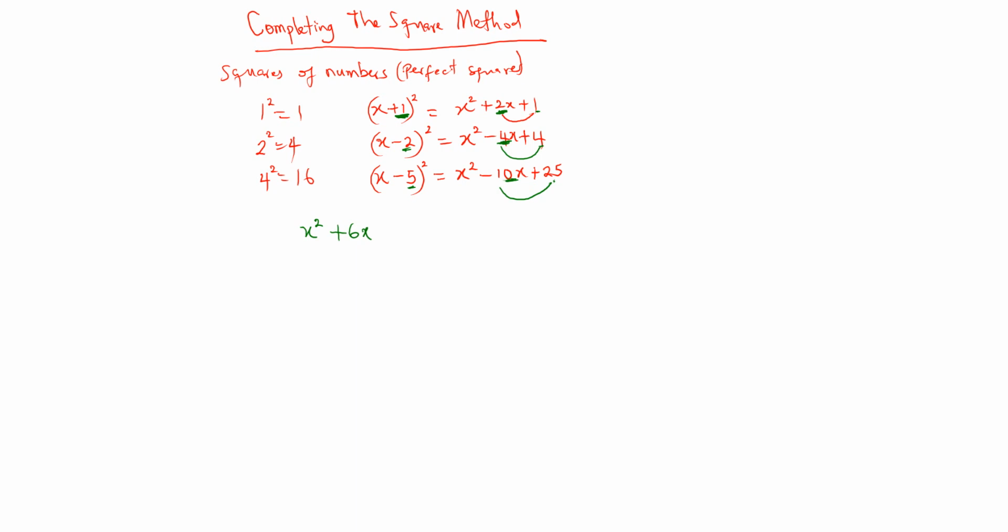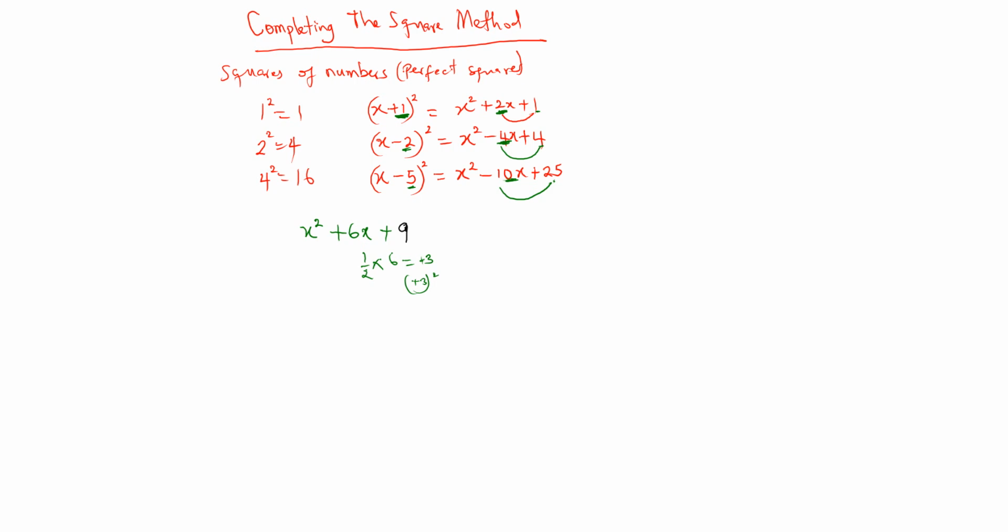Let them express that perfect square, and based on what they have discovered earlier, they will look for half of 6. Half of 6 will give us 3, since it is plus 3. Then they square it, 3 squared gives us 9, and they will tell you that whatever will be here must be 9.